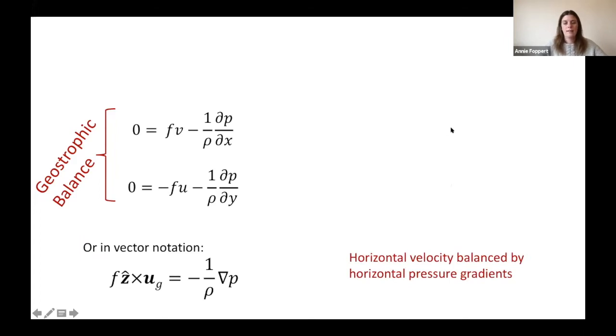And again, this is the balance between the horizontal velocity and the horizontal pressure gradients. But note that the zonal pressure gradient is balanced by meridional velocity, and the meridional pressure gradient is balanced by the zonal velocity. So that comes from this curl of the vector of the velocity.